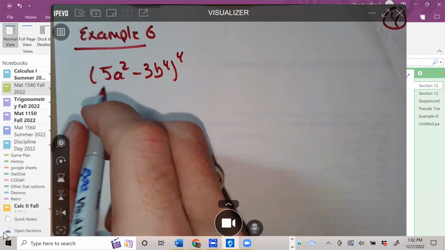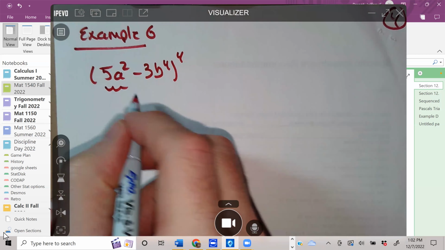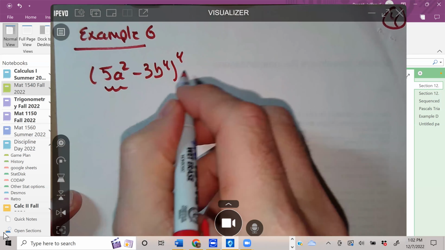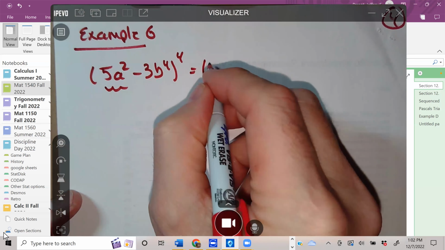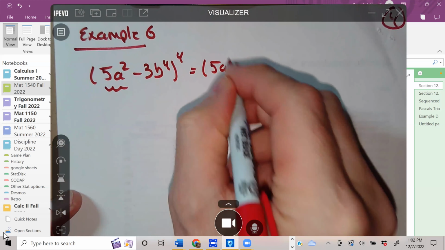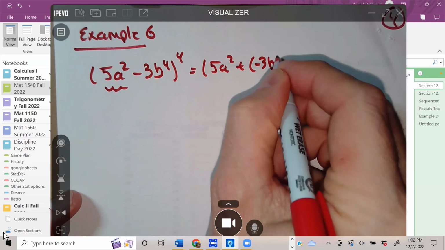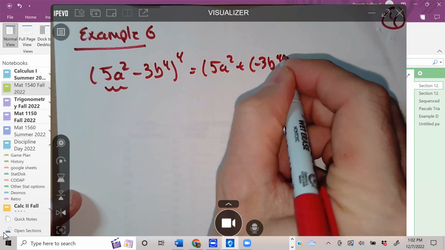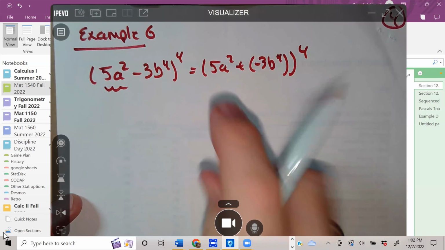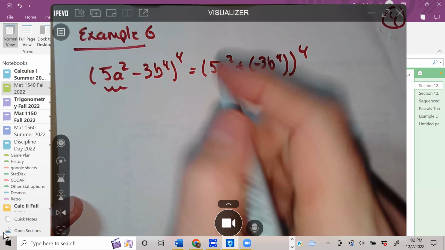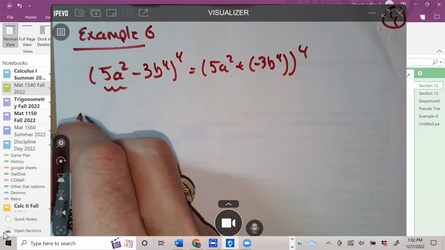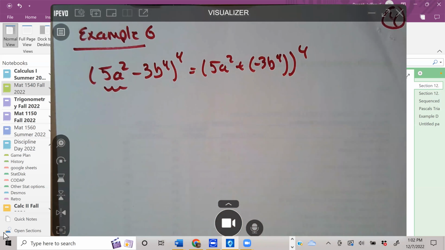So that term is your first term, and this one's going to be your second term. You might want to rewrite that as 5a squared plus negative 3b to the fourth, like that. So that's our A and that's our B. You want to write them like that. I'm going to write it in a smaller pen because I'm going to run out of room here, I think.